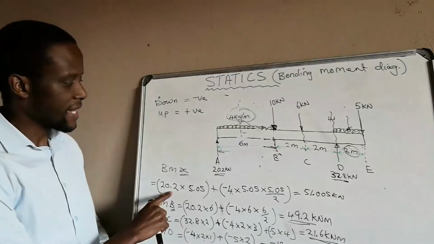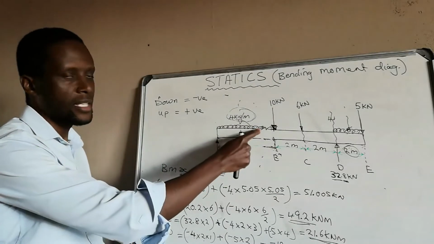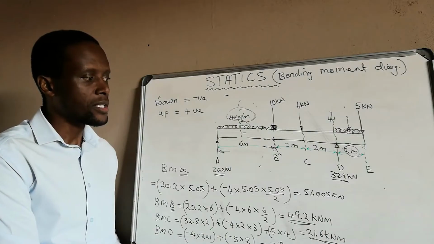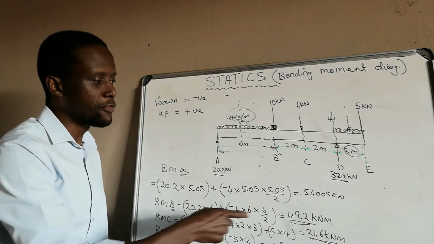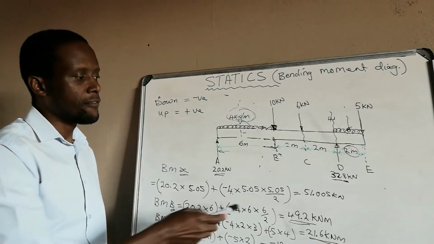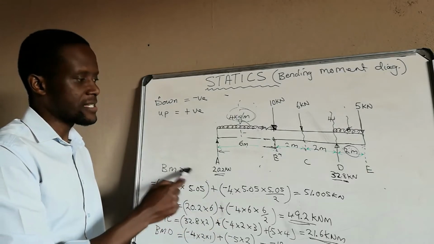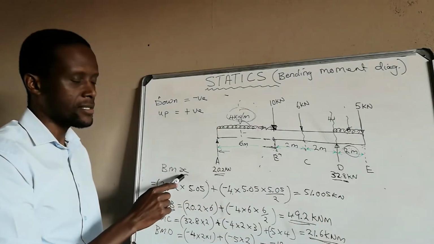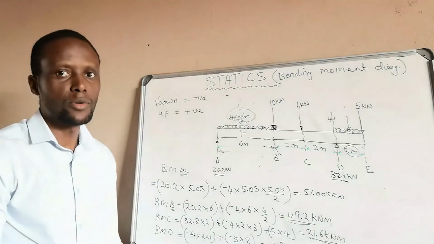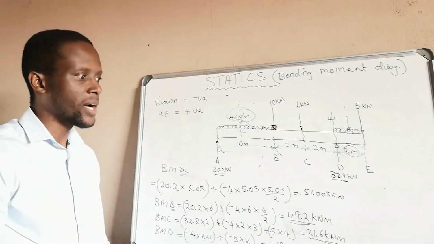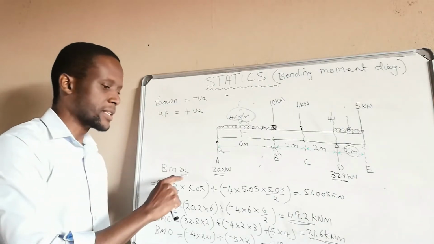Bending moment at point X, remember that special point that we calculated for, is 51.005. And if we look at our bending moments, we'll find that bending moment at X is the highest. Remember what we said, at this point X, that's where our maximum bending moment will be, as well as the turning point for our diagram.